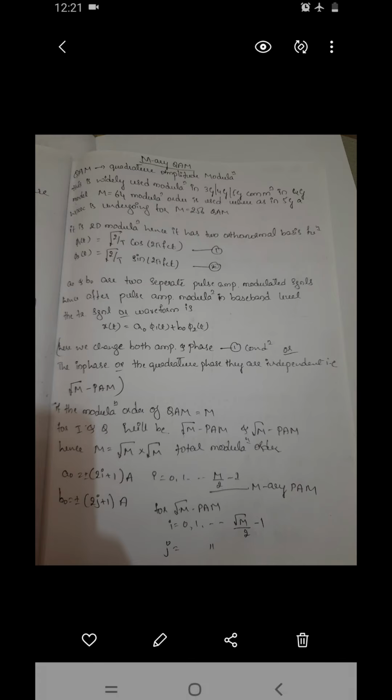So as we are considering in-phase and quadrature phase, it will be root M. Here is one example I have taken for 64 QAM. M is equal to 64, that is 8 into 8 is equal to 64. Hence root M will be equal to 8.